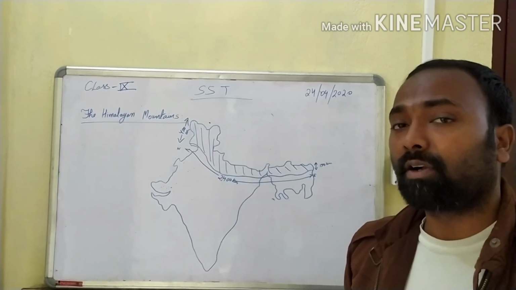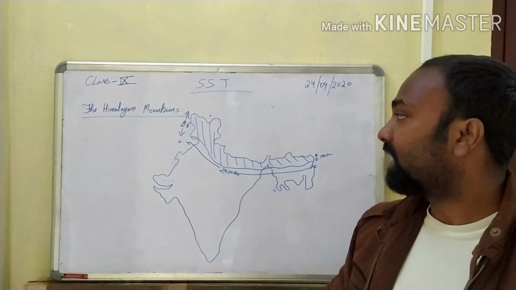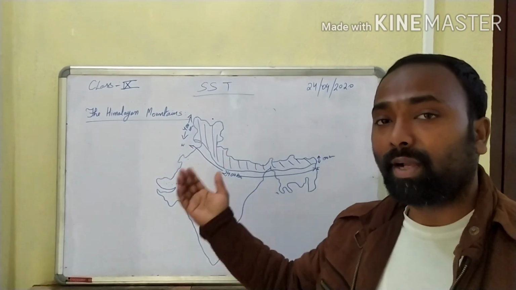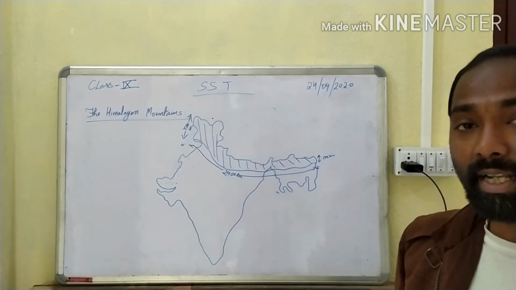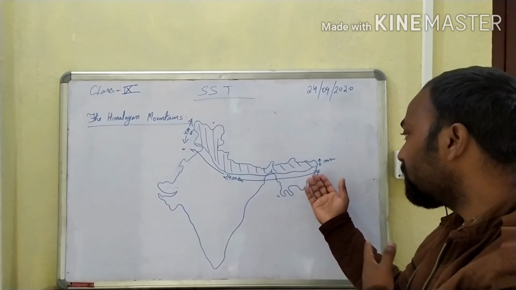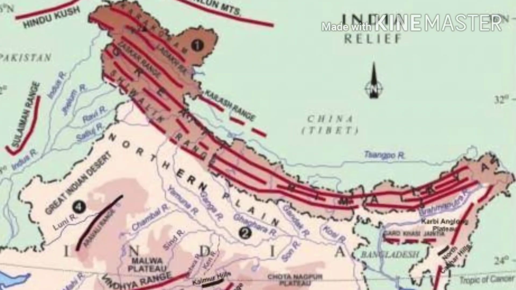The width varies from the west towards the east. As you can see, the width of the Himalayan range is about 400 kilometers in the west, that is in Jammu and Kashmir, and towards the east in Arunachal Pradesh, it decreases. It goes down to 150 kilometers.